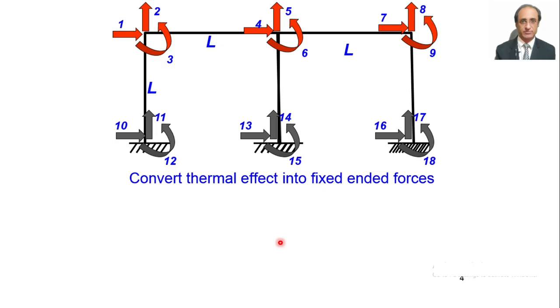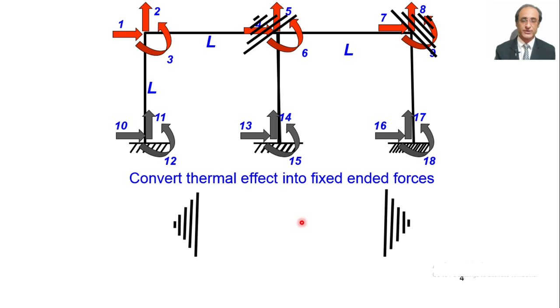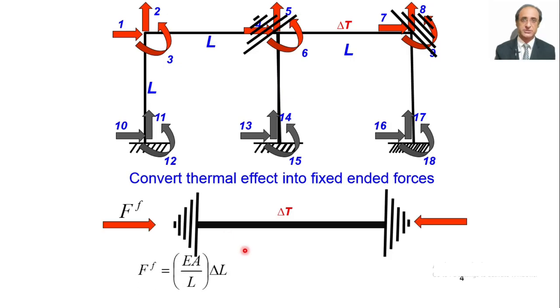The easy way is that we convert the temperature effect into fixed ended forces. That is, we first apply artificial fixities, and when we apply the artificial fixities and then allow the temperature to rise, this will give rise to fixed ended forces as we have shown here, and the value of the fixed ended force is equal to EA by L multiplied by the change in length as compared to the unconstrained length of the member.